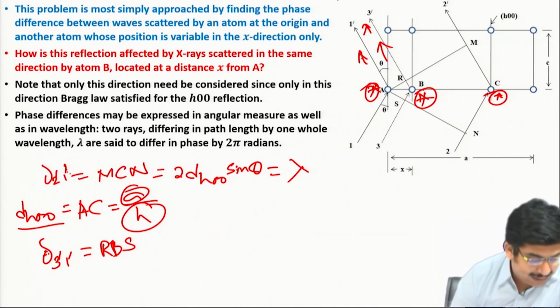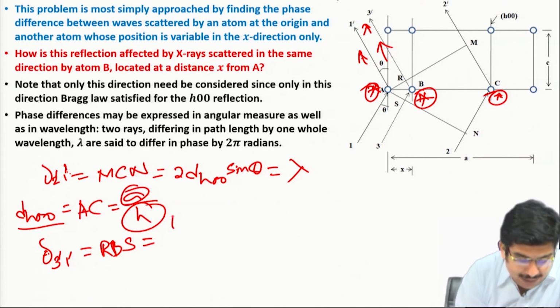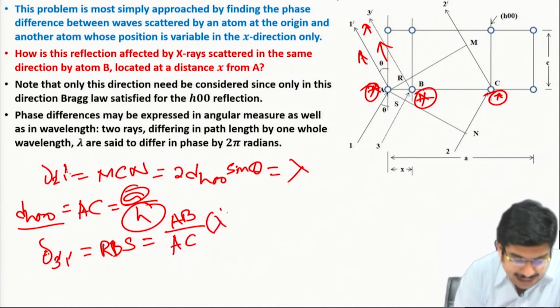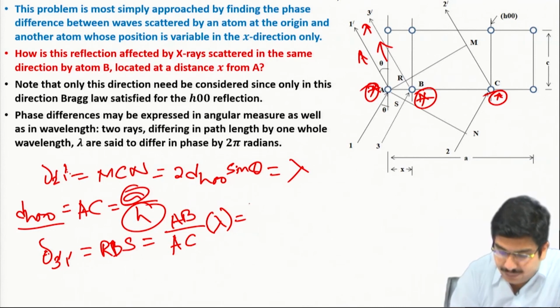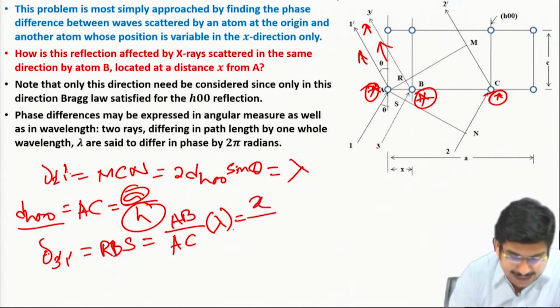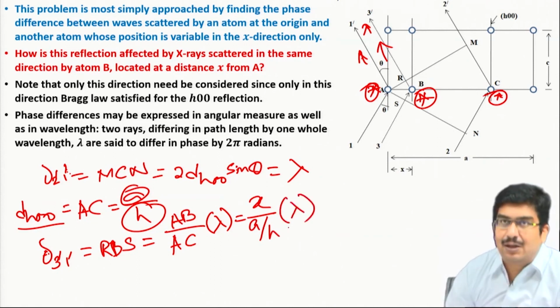From this construction, using the same geometric consideration, the path difference is AB into AC by lambda, where AB is this distance x, and AC we have already seen, and this is the lambda value here.